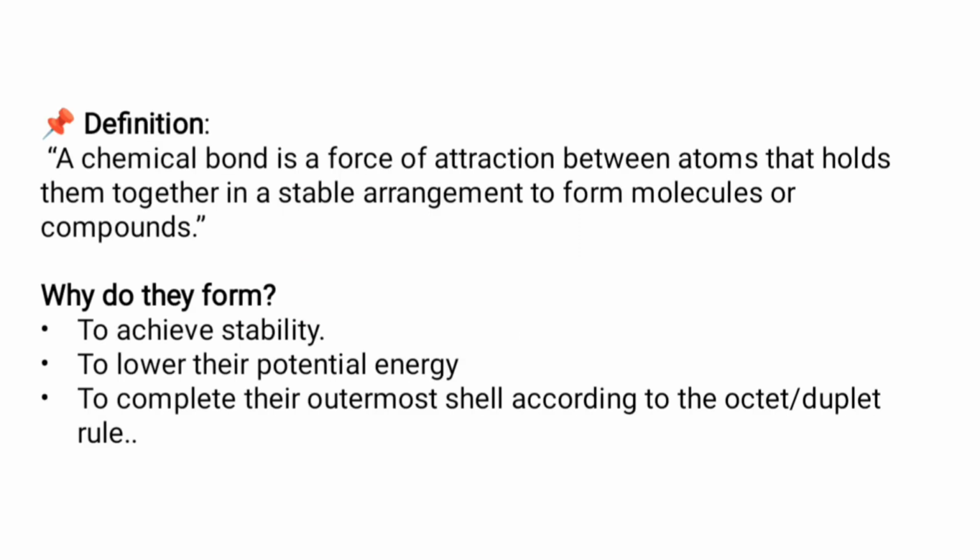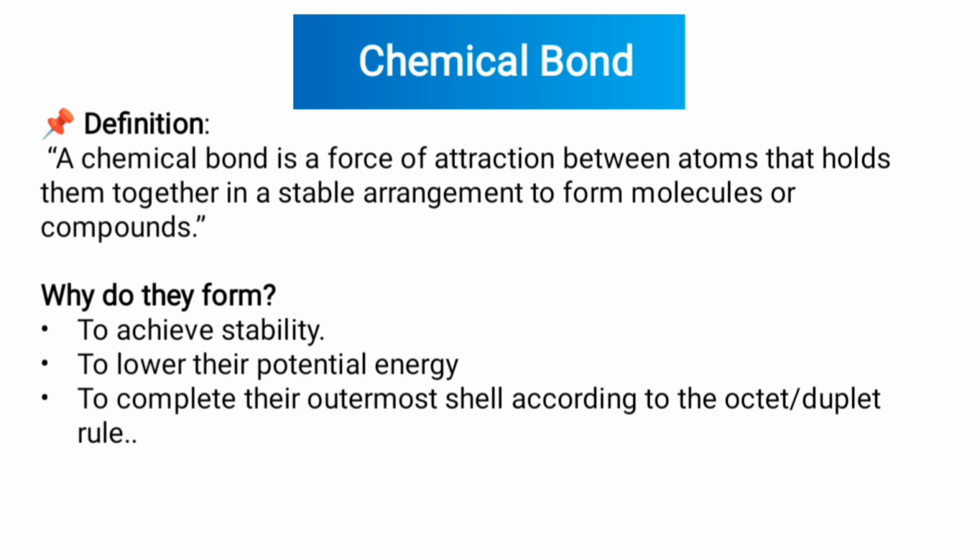So, my dear student, what is a chemical bond? A chemical bond is a force of attraction between atoms that holds them together in a stable arrangement to form molecules or compounds. My dear student, why do they form?